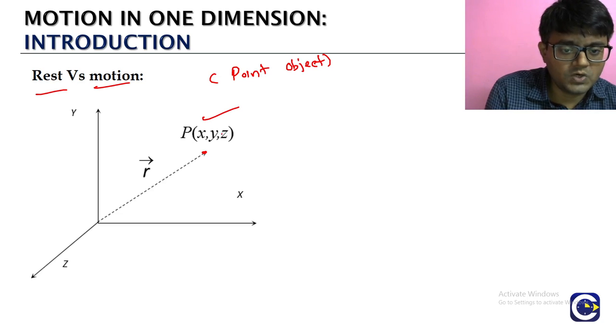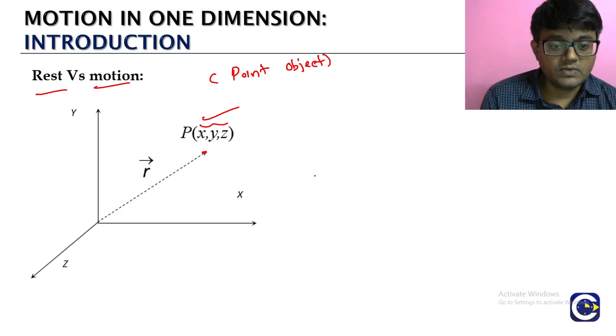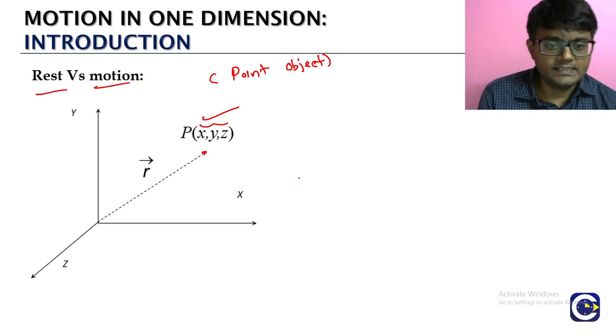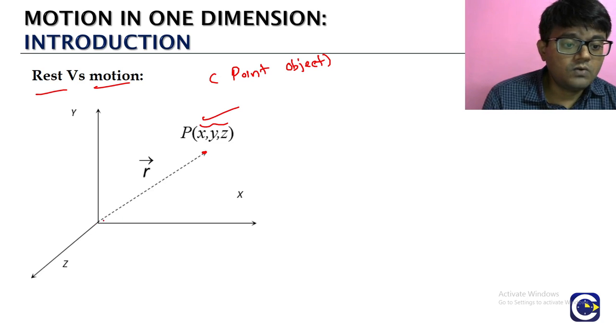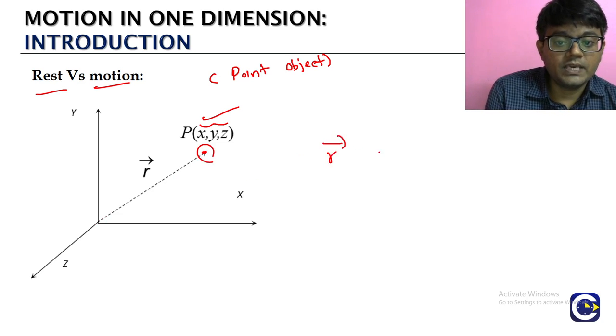We call this set of three coordinates Cartesian coordinates, the ones that come from the x, y, z coordinate system. Now if you want to express the position of any location using a vector, we use what we call the position vector.